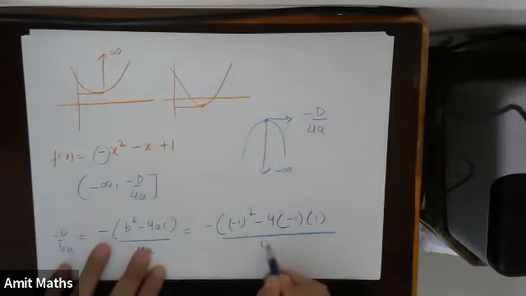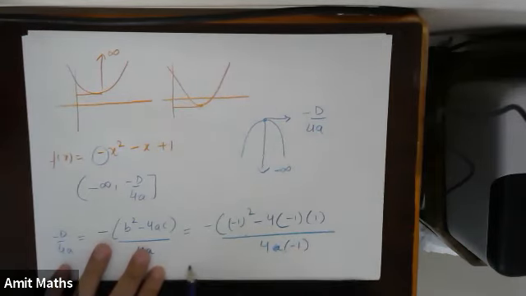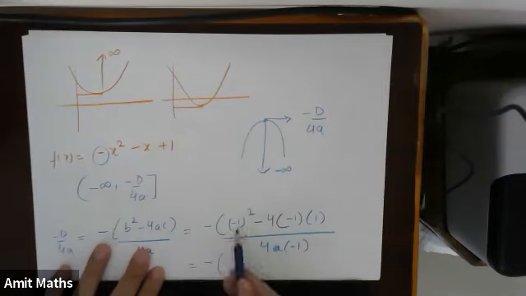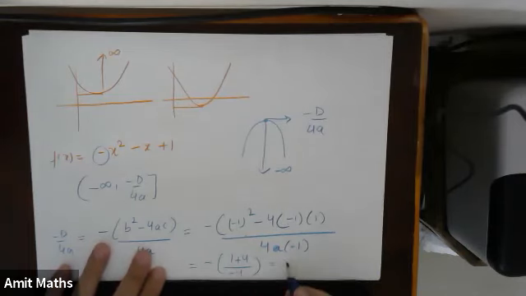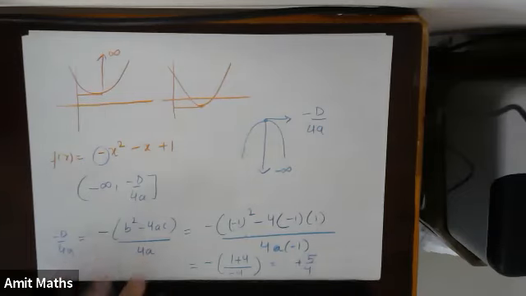Divided by 4a. What is the value of a? A is minus 1. So this will become 1 minus 4, so this is plus 4. 1 plus 4 upon minus 4. So this will become plus 5 by 4. Okay, so that means the maximum value of this particular function is 5 by 4.